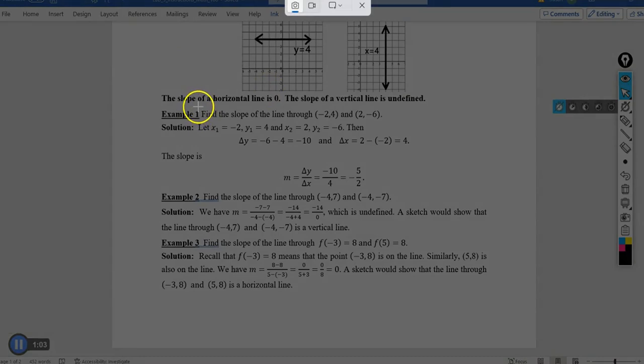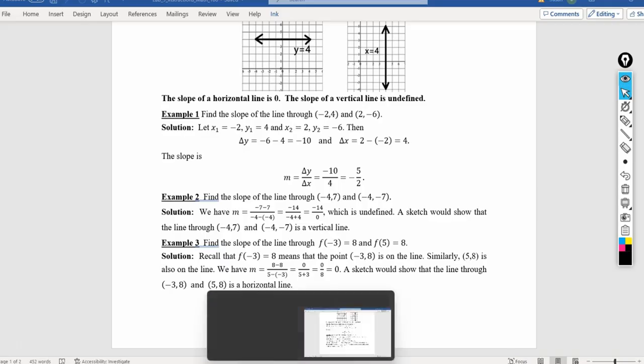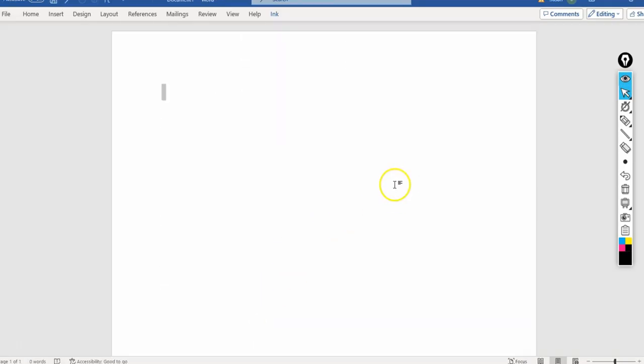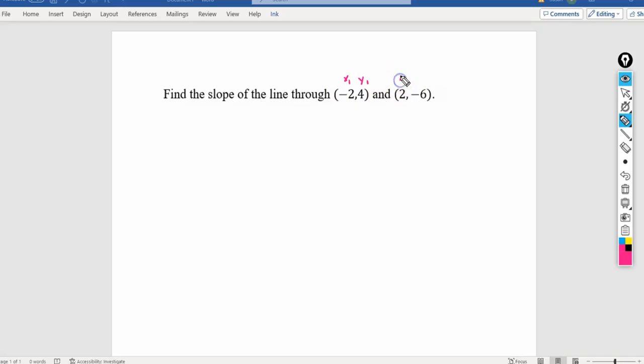So again, all of these are written up for you. So let's find the slope. Okay, so this is my first point, so I'm going to have x1, y1. This is my second point, that's going to be x2, y2.